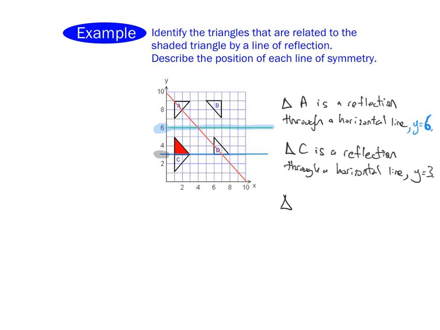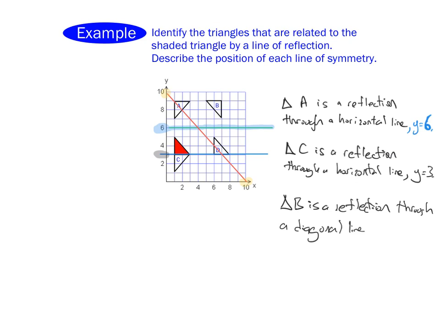So triangle B is a reflection through a diagonal line. We don't have a way to say what's on the diagonal line other than saying what points it goes through. It starts up here at 10 on the y-axis, and it ends here at 10 on the x-axis.